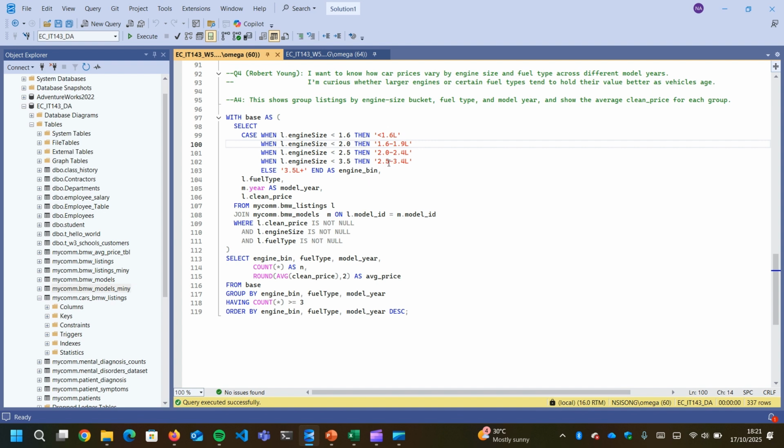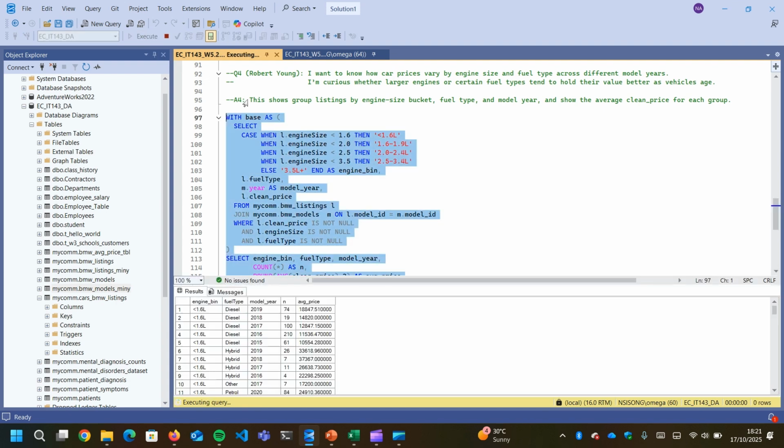Then I also did 2.0 to 2.4. And I grouped by those bins. I grouped it by the fuel type and model year and computed the average clean prices. So this is where I grouped by engine bin, fuel type, and model year. So I'm going to run the code.